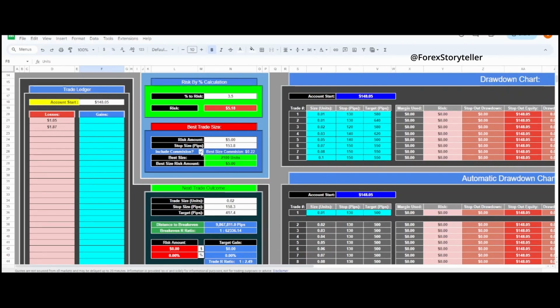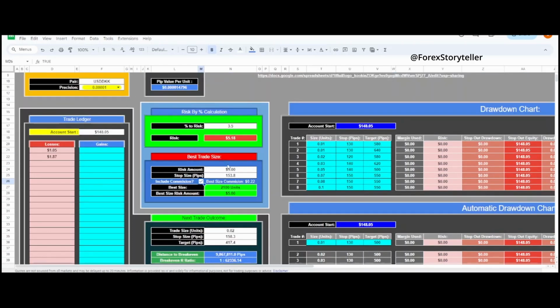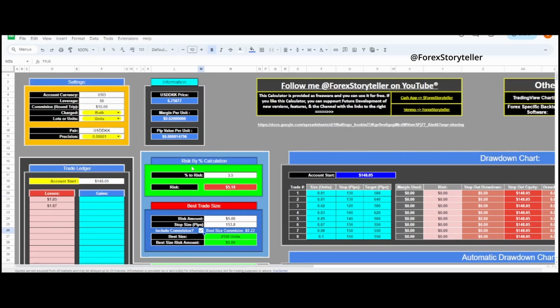That'll cost you $5 with your round trip commission. If you did not want to include commissions, you would be getting 2,197 units, but then you would be paying about $5.22 to open that trade. So I usually leave that on so I can keep the commissions accounted in with the risk that I'm putting into the equity.